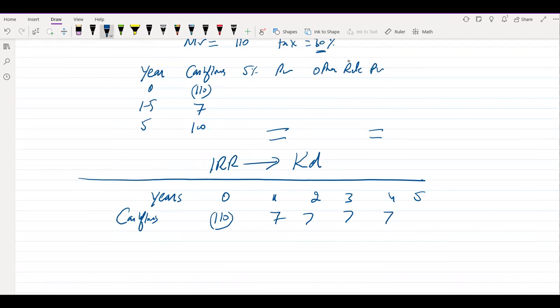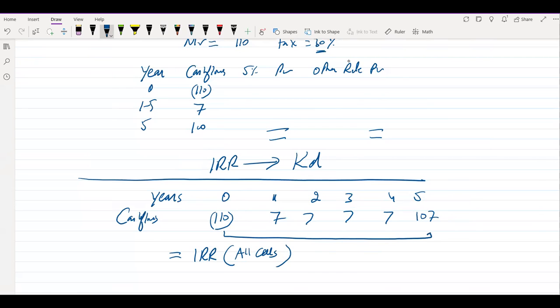And in the last year it will be 7 plus 100, because you get the par value as well as the interest. We can write this as 107. Simply give the command IRR, bracket start, select all cells from year 0 to the 5th year. That will be equal to the KD.